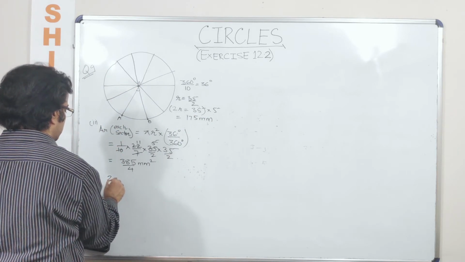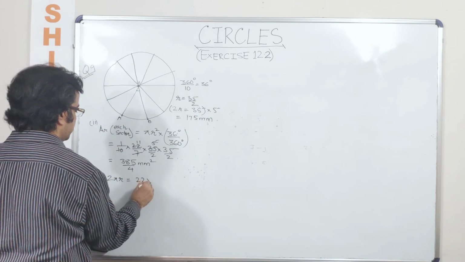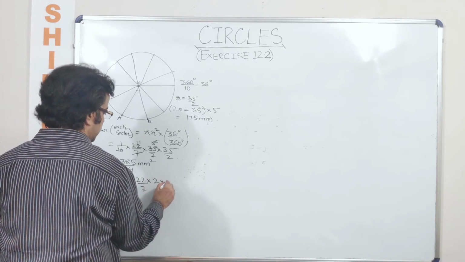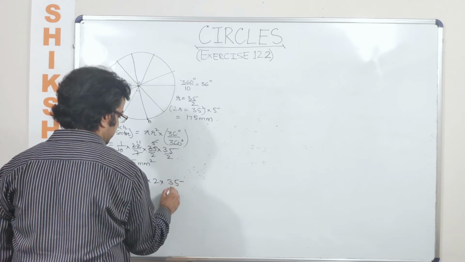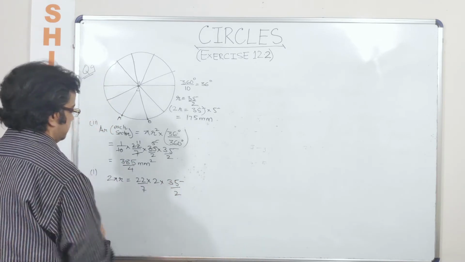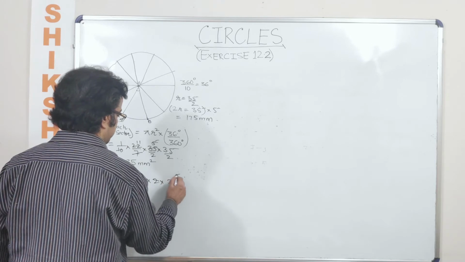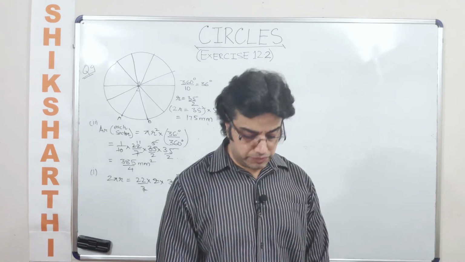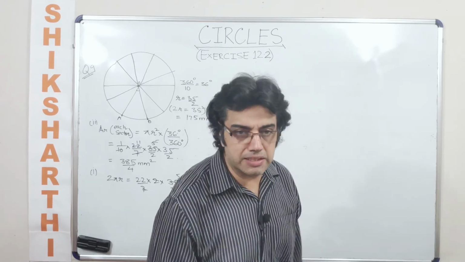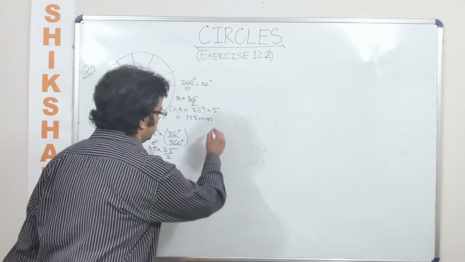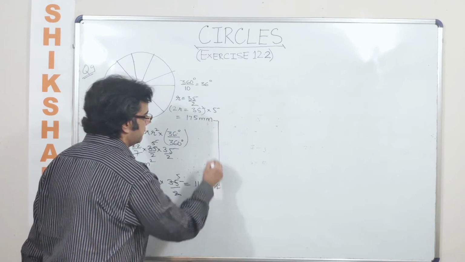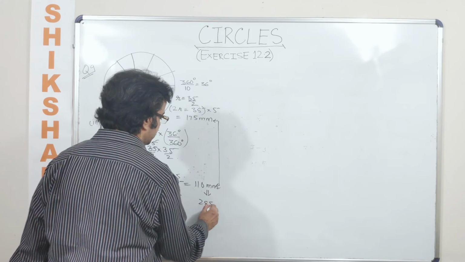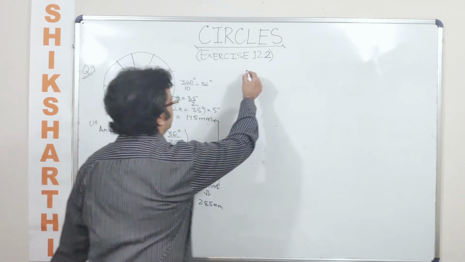So find out the circumference of the circle, which is 22 into 2 by 7 into 35 by 2. Right? So do we get the answer? One is we are getting it as 175 and the other we are getting it as 110. So we just need to add both of these, and once we add both of these, we get the final answer as 285 millimeter.